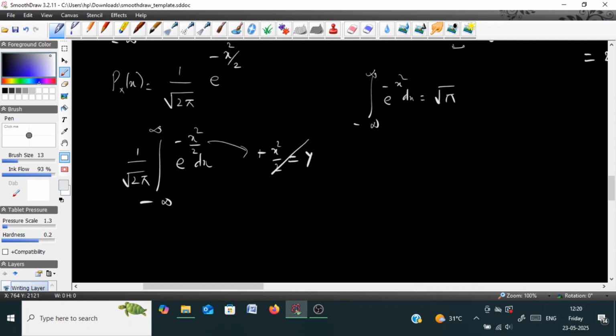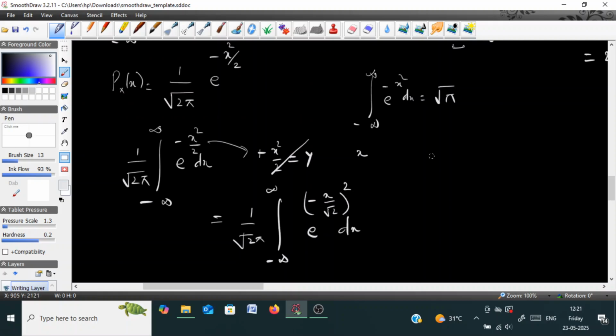So I can write it as 1 by root 2 pi integral of e raised to power minus x by root 2 square into dx.